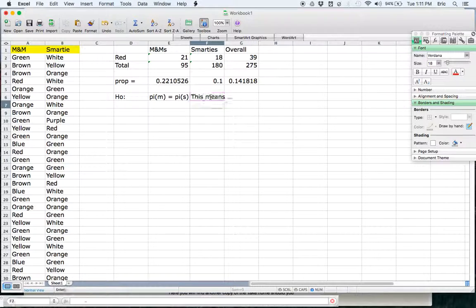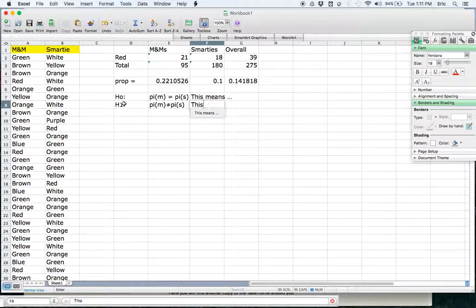We're going to start with the alternate hypothesis. So H1. In this case, it's a two-sided. Two-sided means that now pi M does not equal pi S.